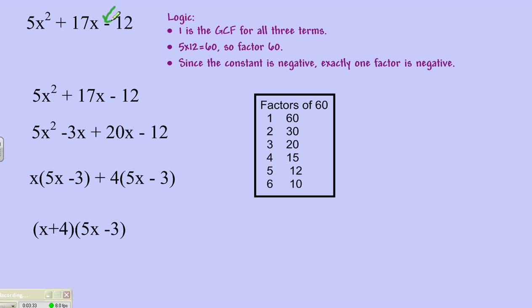So let's see, a negative times a positive to give us the negative 60. That means one of these numbers must be negative and one must be positive. So looking at 20 and 3, if 20 is positive and 3 is negative, I will get 17. So those are the two factors I need.